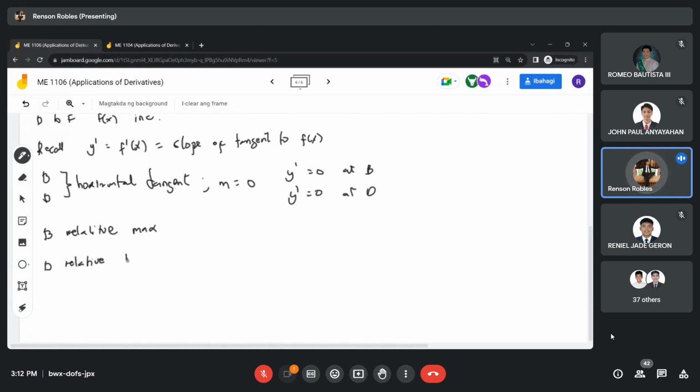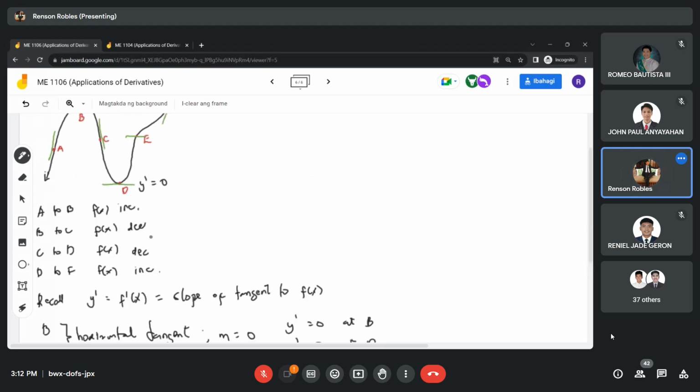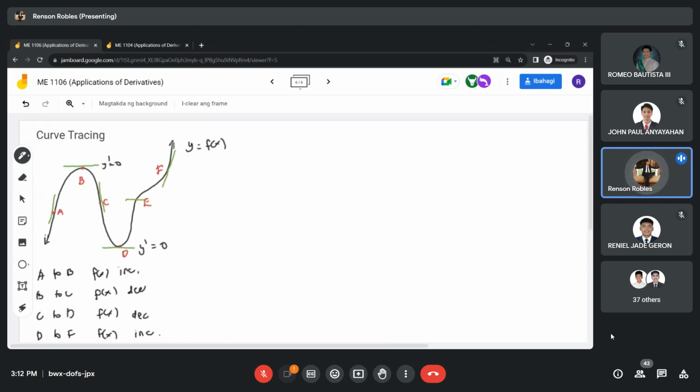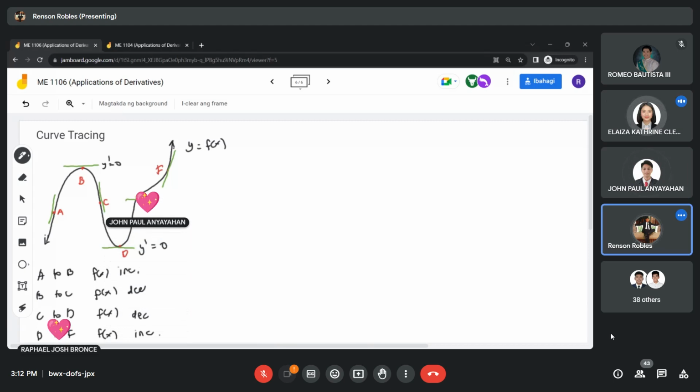It is called relative minimum because you do not know how far the graph can go. Meaning, this function y equals f of x can go down, down, down, and you do not know the lowest point that it can reach. Also, you cannot determine the highest point that this graph can reach. Is that clear? Yes.